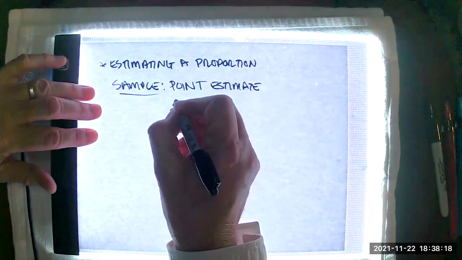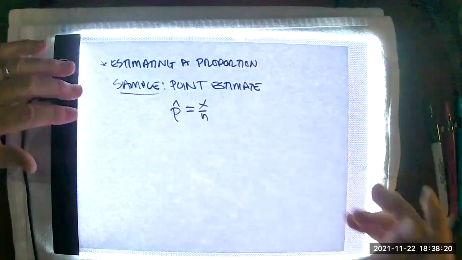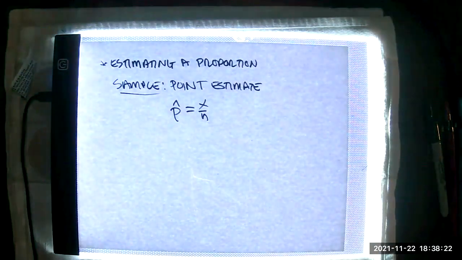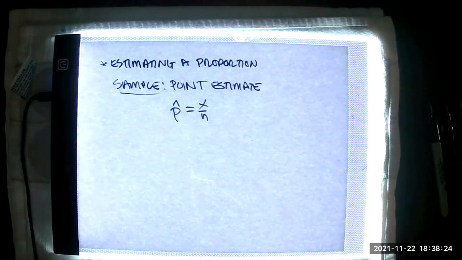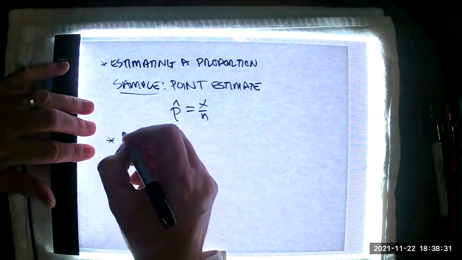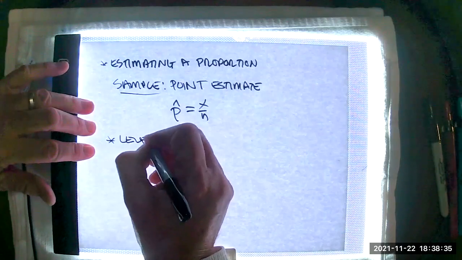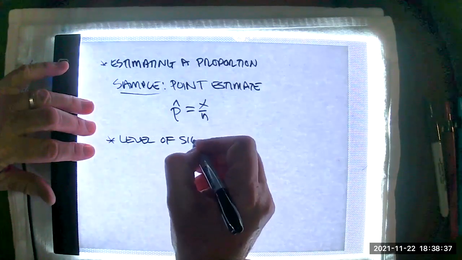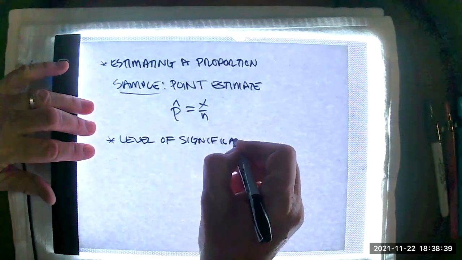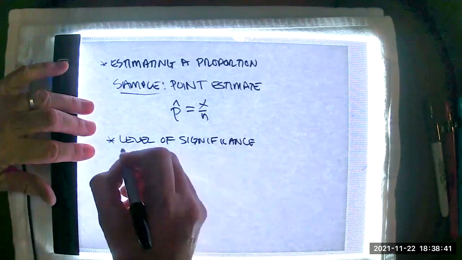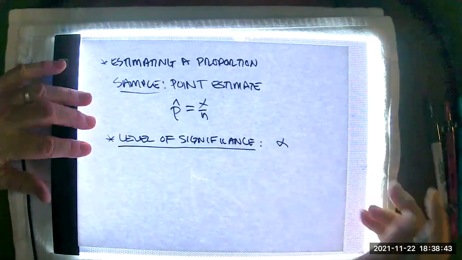That point estimate is p hat, x over n. And then we select a level of significance, that's alpha.